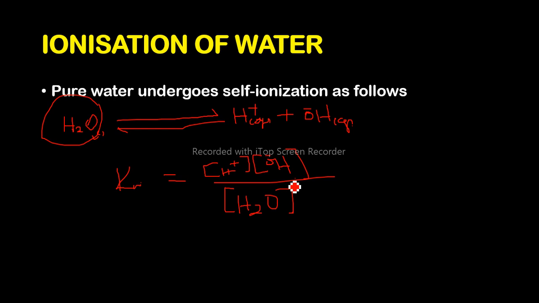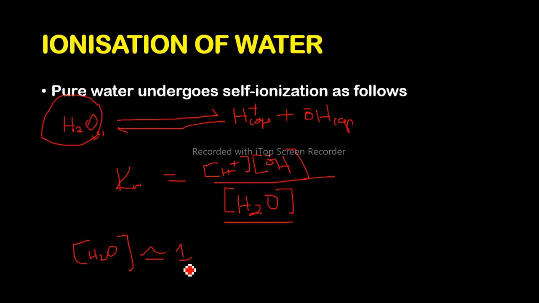But now remember, water here is a solvent, and it is also the water that is ionizing. Being a solvent, the water is in large excess, so it is assumed that its concentration tends to unity, which is 1.